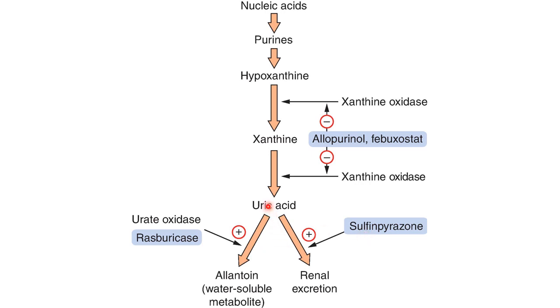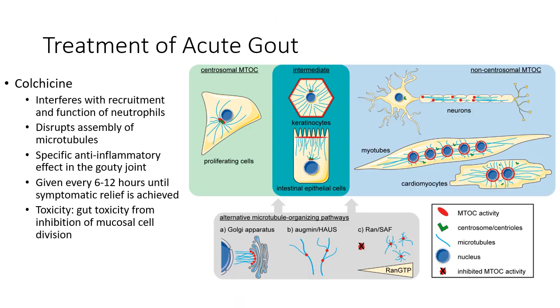Next, what was absent in humans, that's urate oxidase, can be circumvented by the introduction into the human body of uricase, that's urate oxidase, but in the modified form, which is rasburicase. And once rasburicase has been introduced, uric acid will then be converted into allantoin, which is water soluble and therefore easily eliminated in the urine.